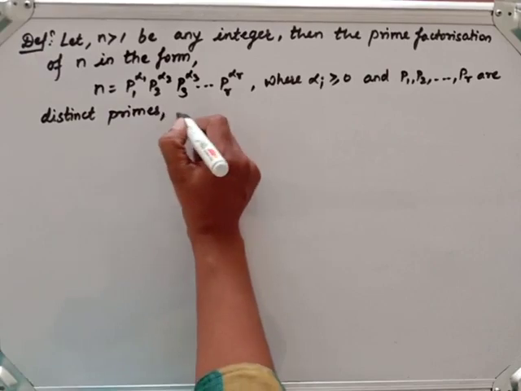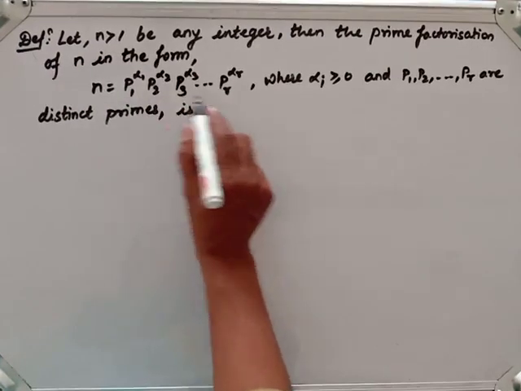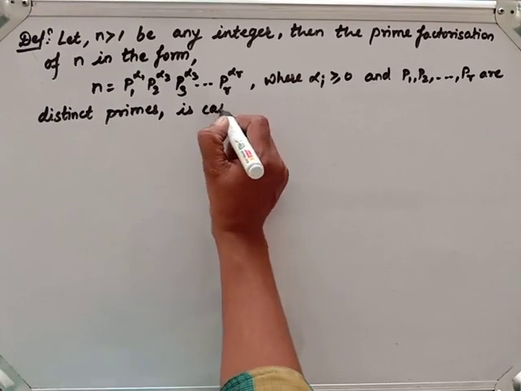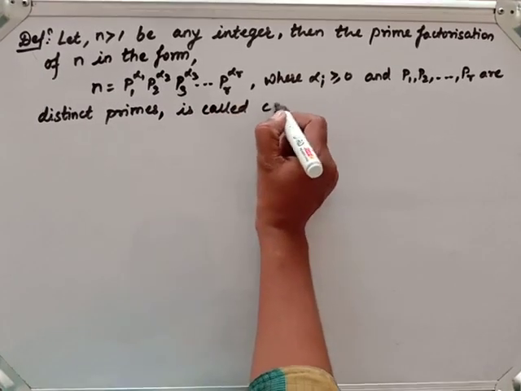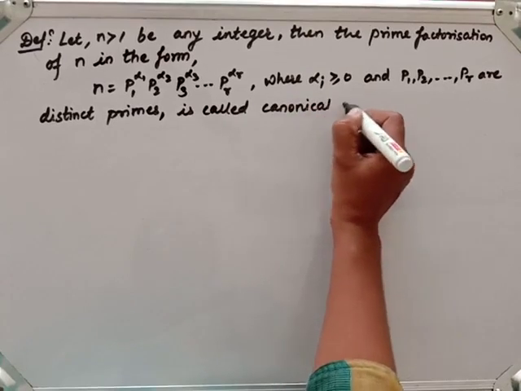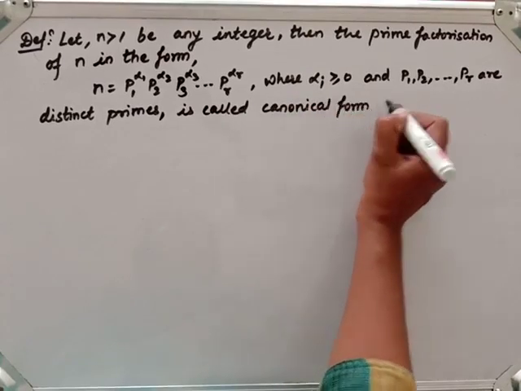And this representation of the integer is called the canonical form of n.